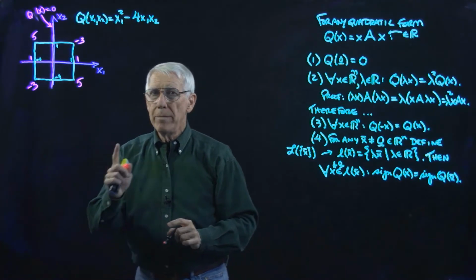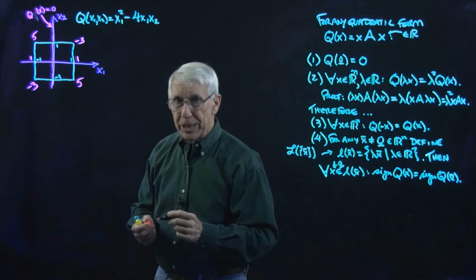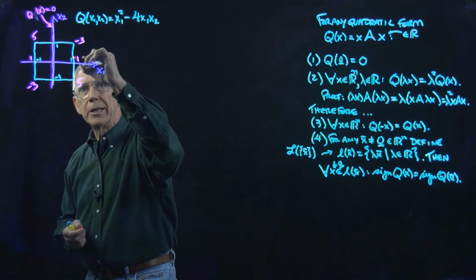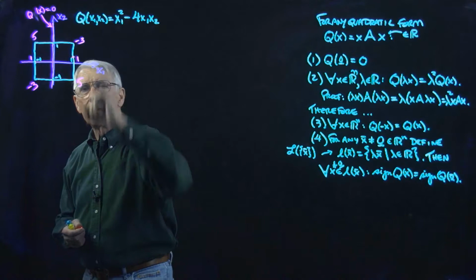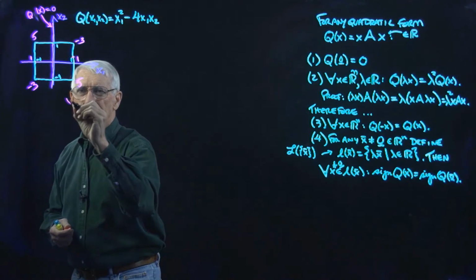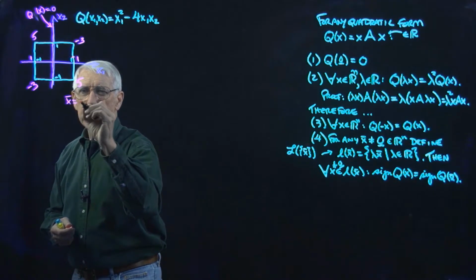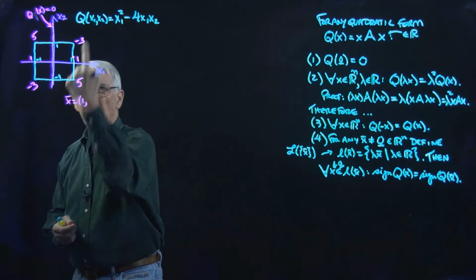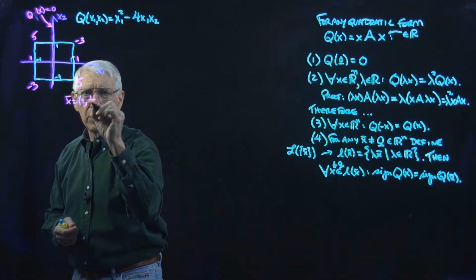Let's do one more that I am going to judiciously select. I'm going to pick now the point right here and call that x bar. Okay, so let's say x bar is the vector 1 in this direction and 1/4 in this direction.